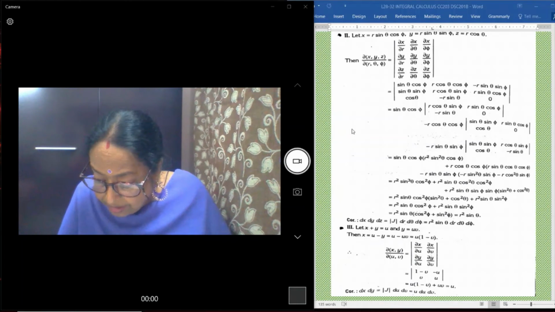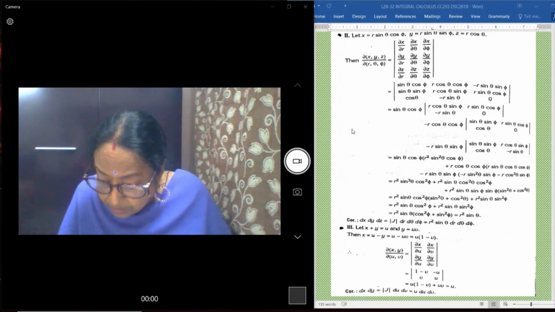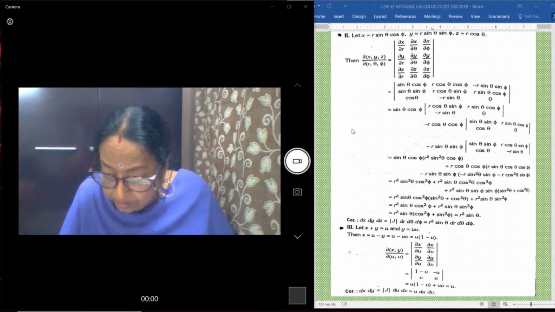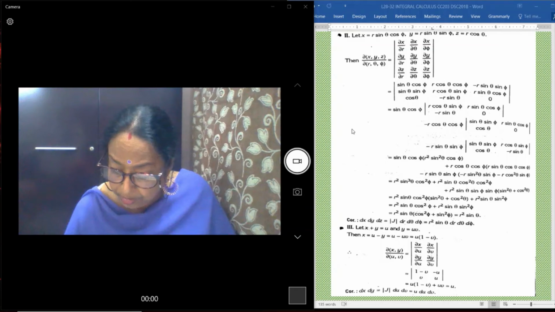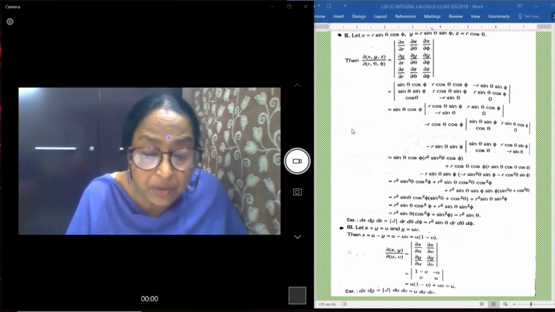So dx dy can be written as the Jacobian times du dv. Here you have to take the modulus of the Jacobian, that is u du dv.